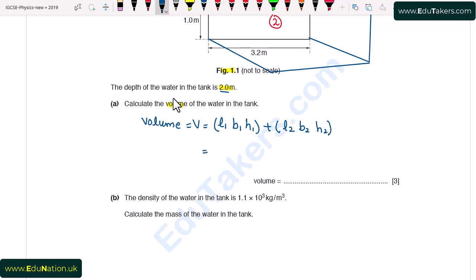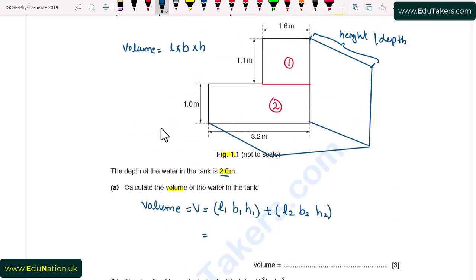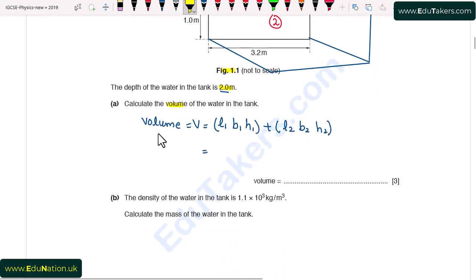By putting values, I can see here the distance from this point to this point is 1.1 meter while the distance from this to this is 1.6 meter, and it is for the first cuboid. So I write here length is 1.6 multiplied by breadth is 1.1, and height for both of these is the same. H1 is equal to H2 and it is 2.0 meter.